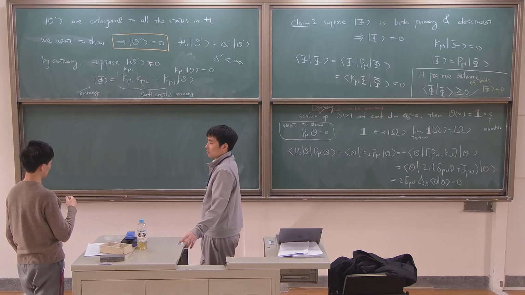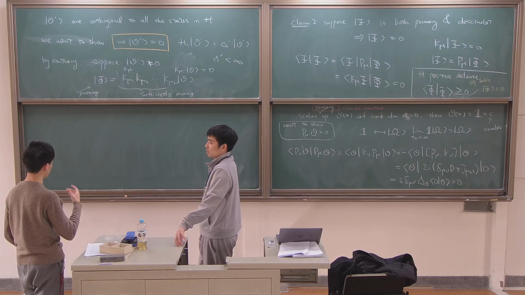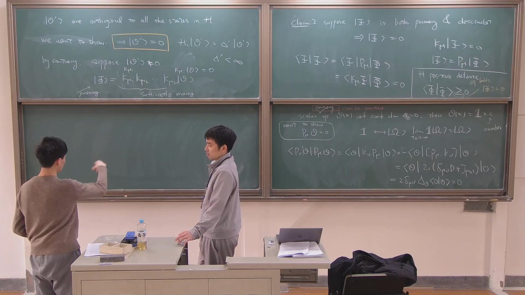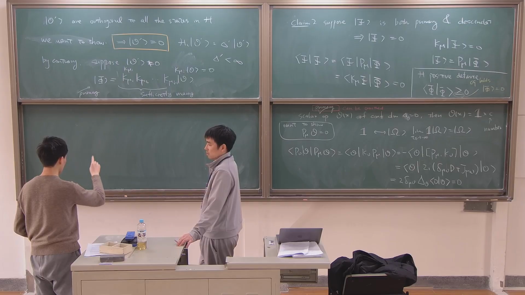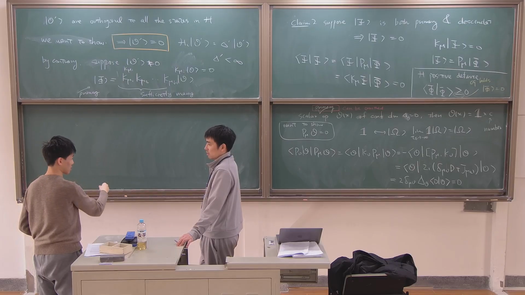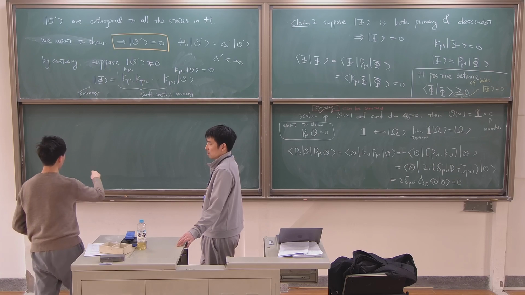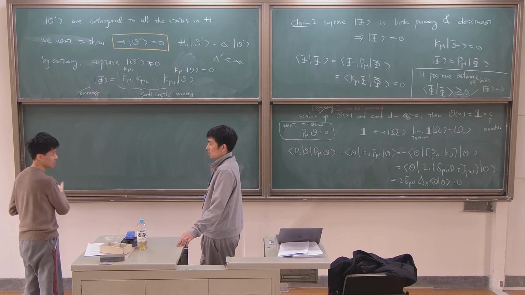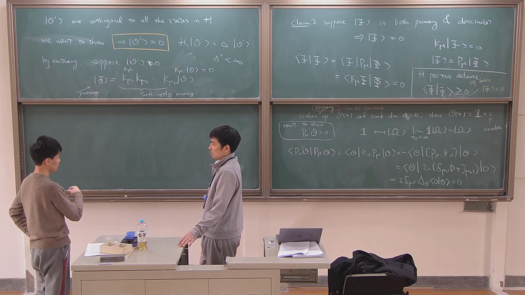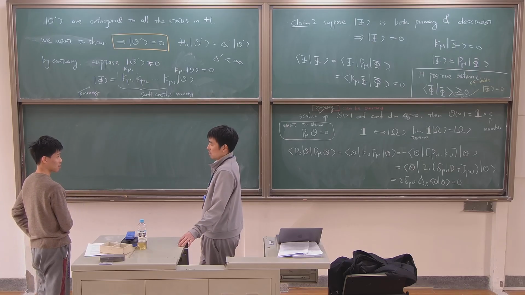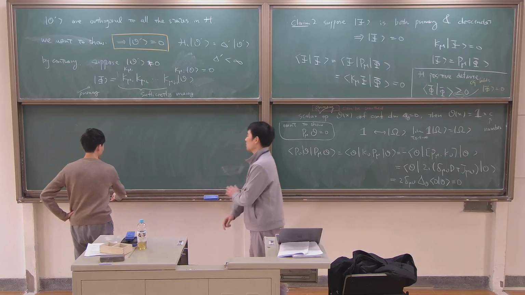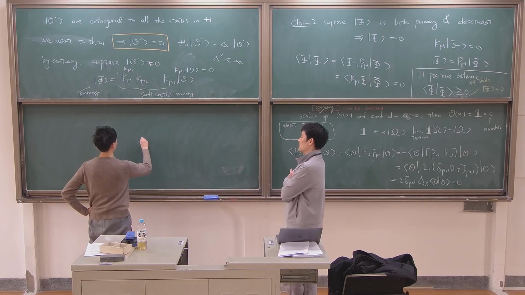I mean, can we have a state that, after acting with K many times, still can't go to zero? What's the question? Can you repeat it? I think your question does not make any sense.